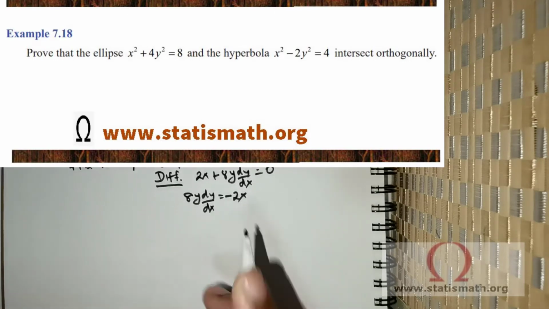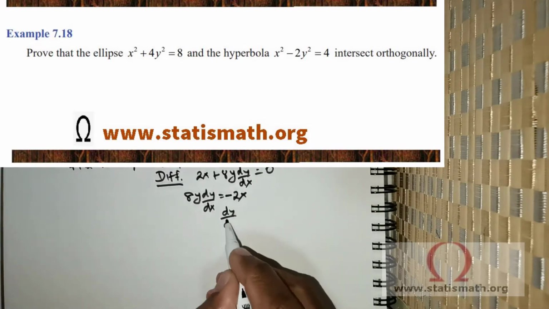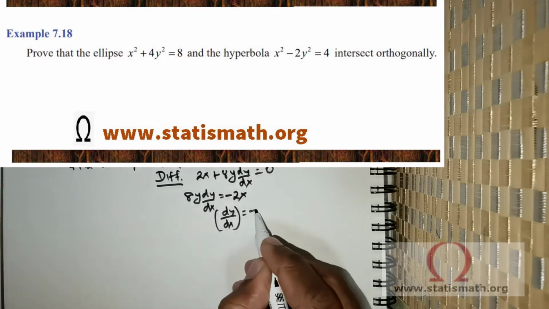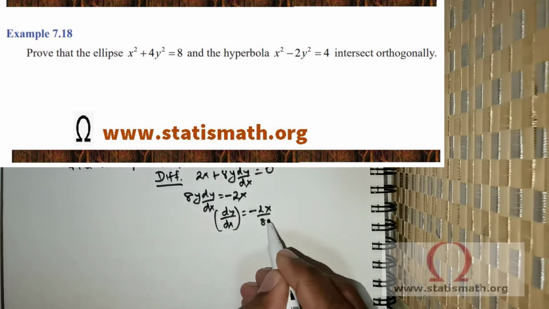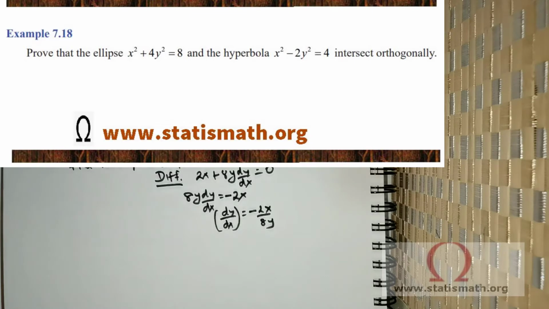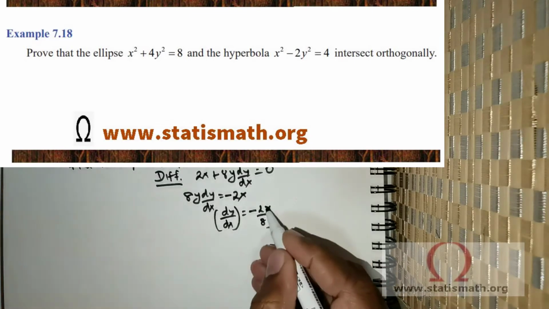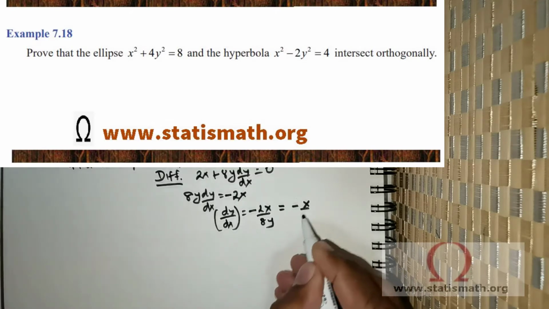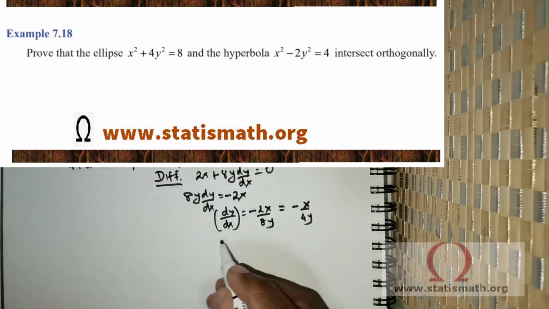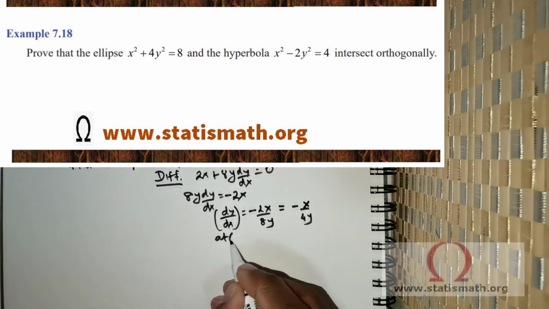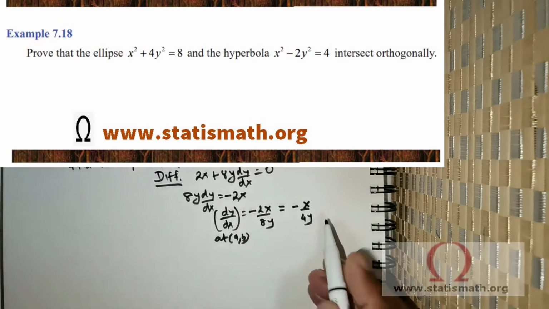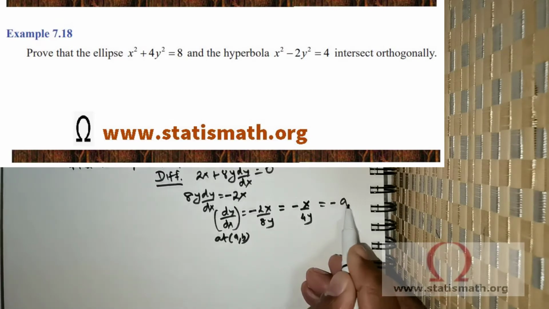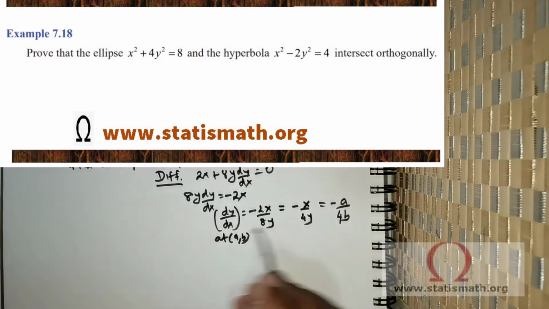I can rewrite this as dy/dx = -2x / 8y, which can be further reduced to -x / 4y. Now we are interested in finding it at (a, b), so this is going to be -a / 4b. This is my m1.